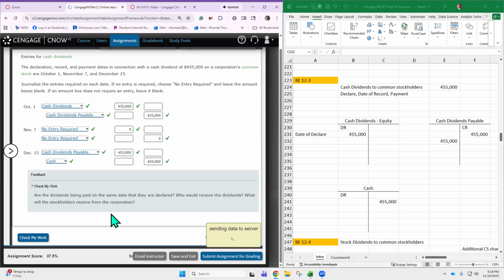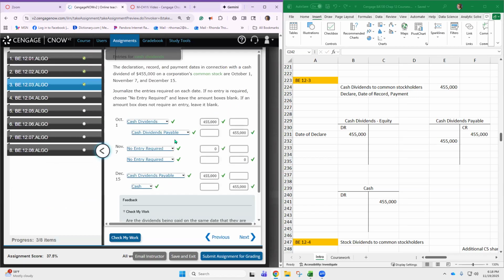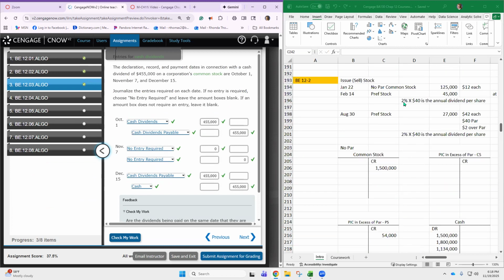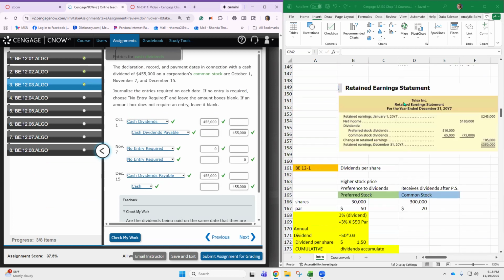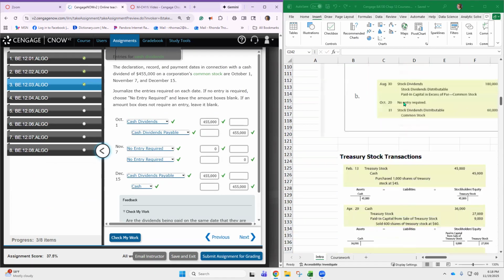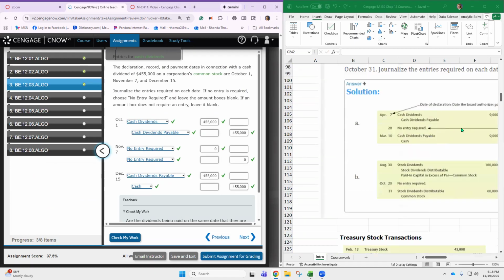Okay, so please get the idea that there are 3 important dates when it comes to shareholders: date of declaration, date of record, and the payment date. Okay, and I have this in a little picture up here somewhere. There it is.